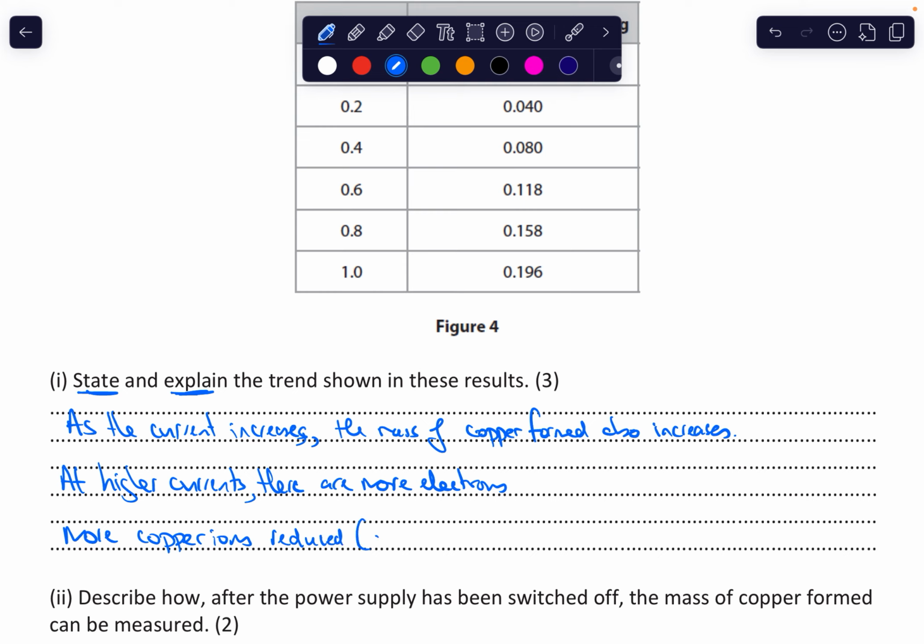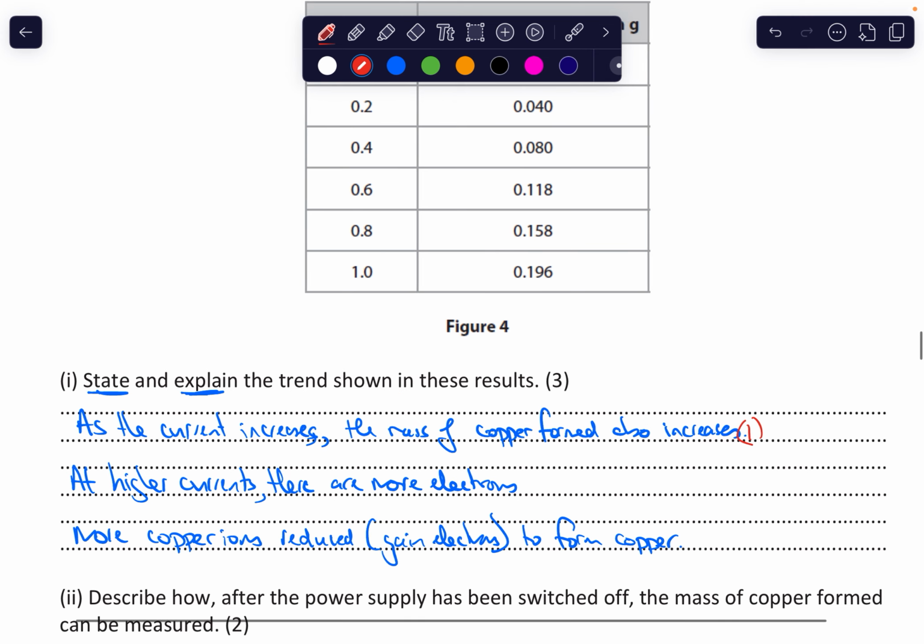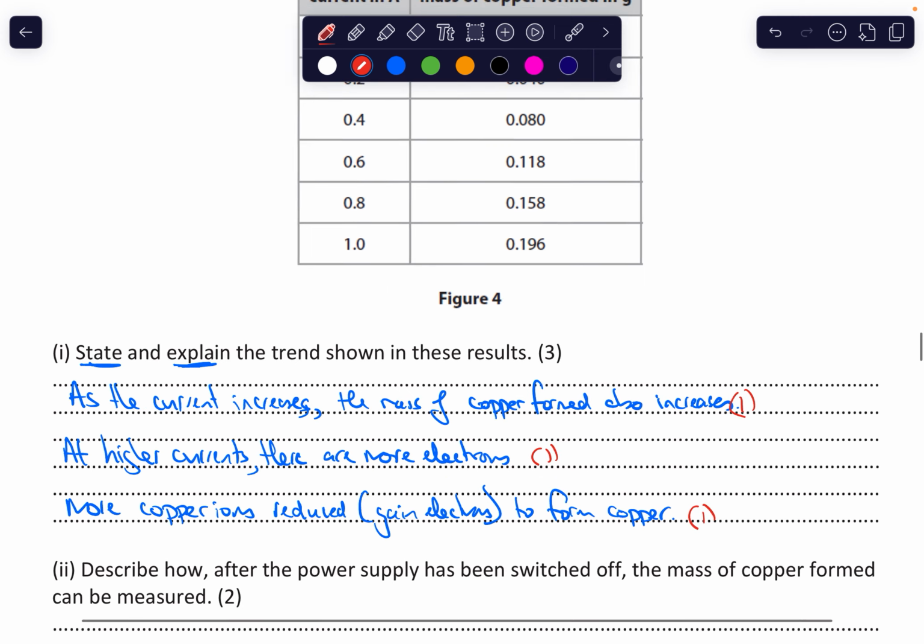All that means is they're going to gain electrons to form copper. Okay, and that's why it happens. 3 marks, 1 for each of those statements.